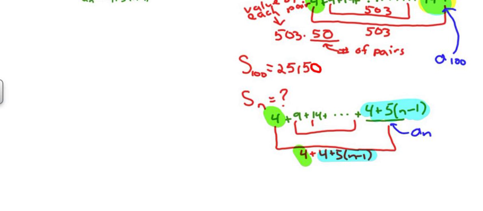Right? And if we kept doing that, we kept pairing up. We know it's an arithmetic series, so each pair would continue to be 4 plus 5 times n minus 1. The value of each pair, once again, is 4 plus 5 times n minus 1.